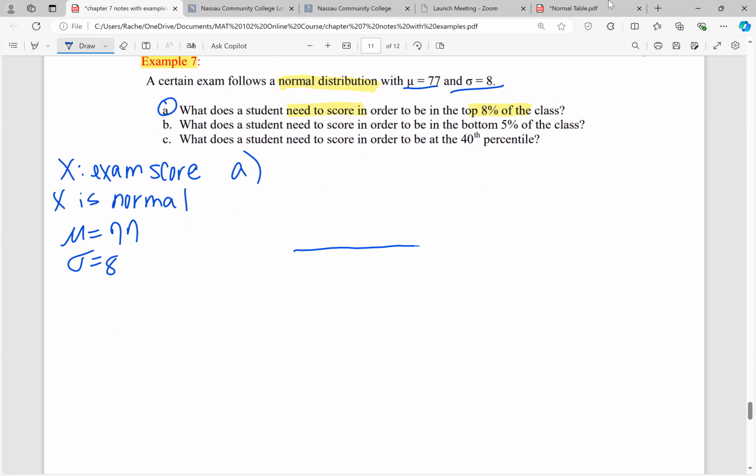So sketch the normal curve because we know that score follows a normal distribution with a mean of 77. Now, where is this score going to go in order to be in the top 8% of the class? So the top 8% is good, right? If you take a test and you're in the top 8%, you're high up there. Your percentile rank is pretty high. So your score is going to be higher than average. So let's say this is the top 8%.